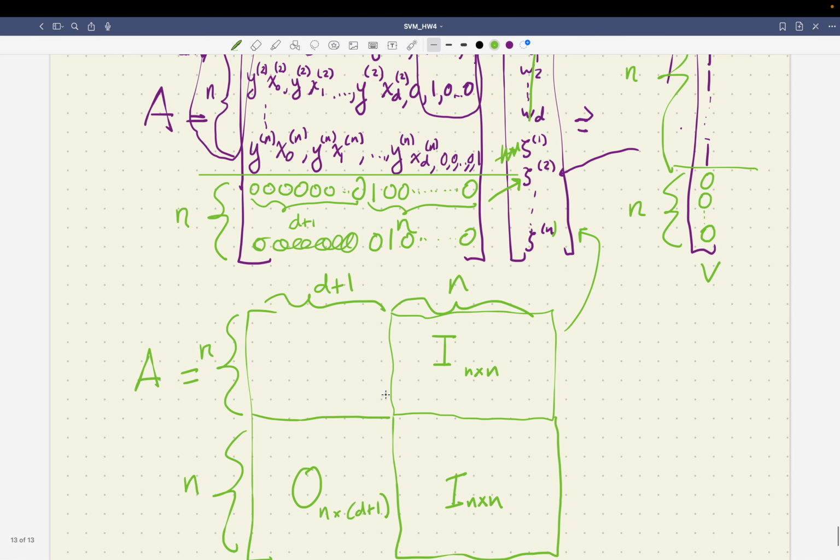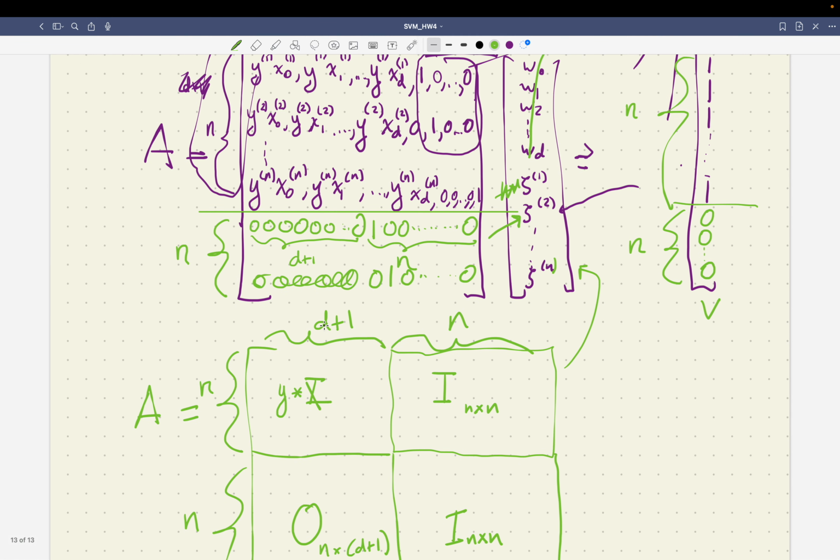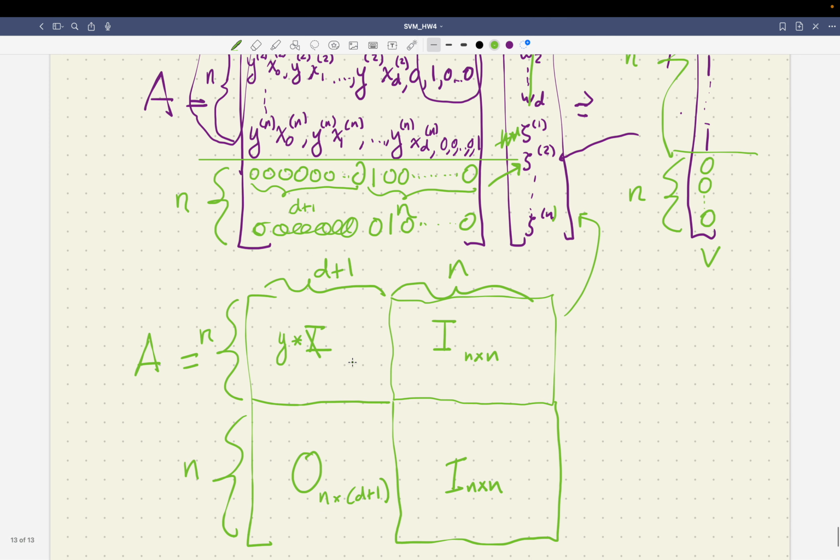And now what have we got over here? This one is basically like y broadcast multiplication times x. I'm going to write a little asterisk there. What I mean by that is the respective product of the rows of y with the rows of x. So x is n by d plus 1, and y is n by 1, and you're just going to multiply all the y's into the respective rows of x.